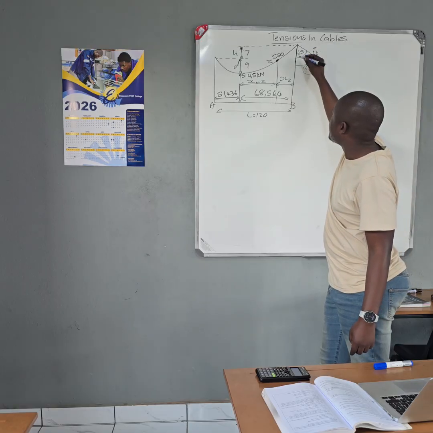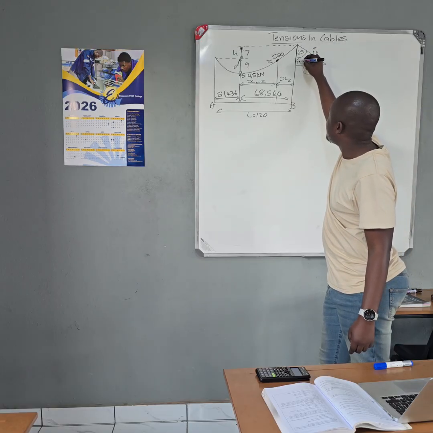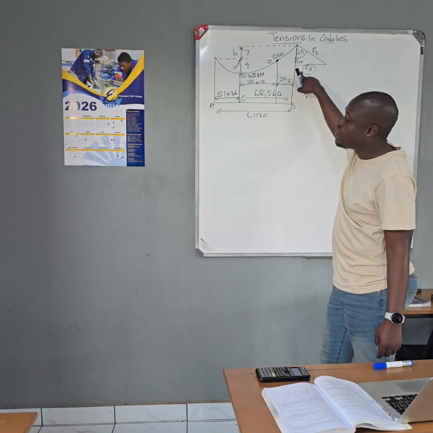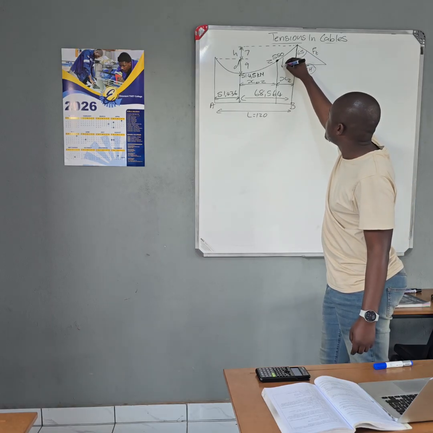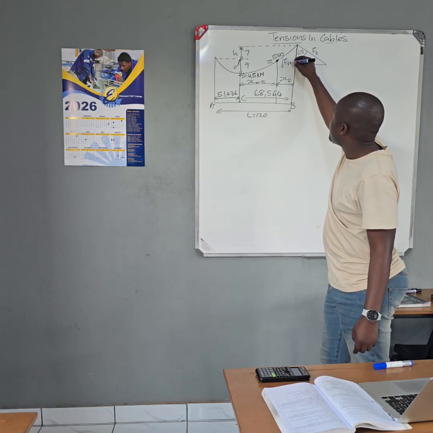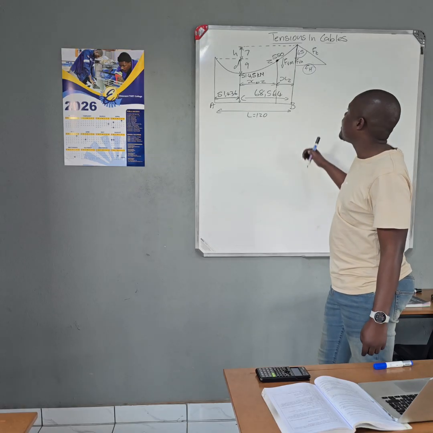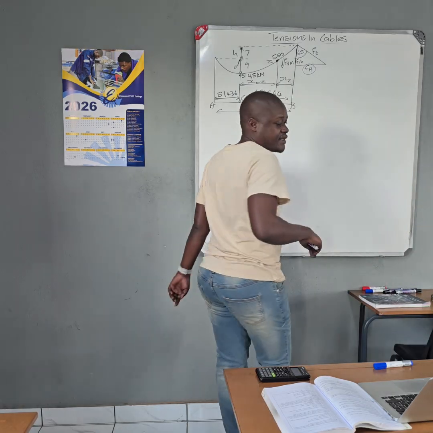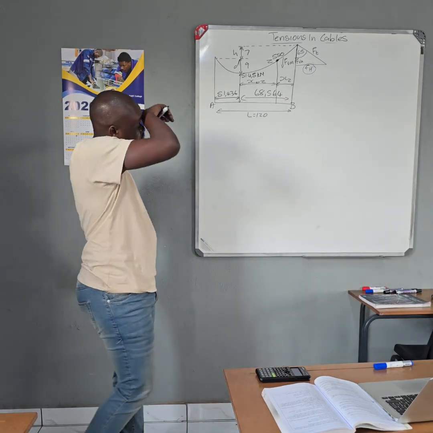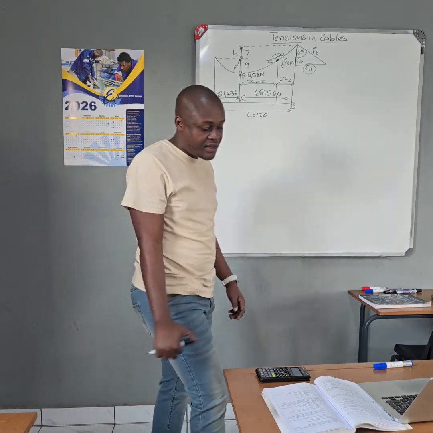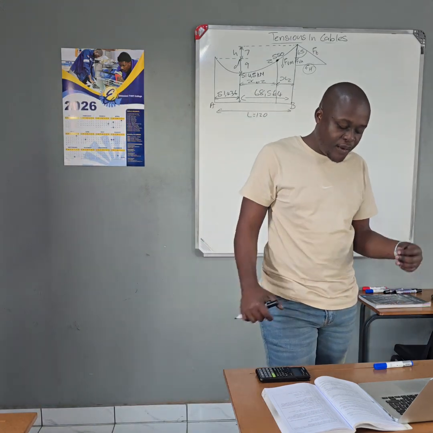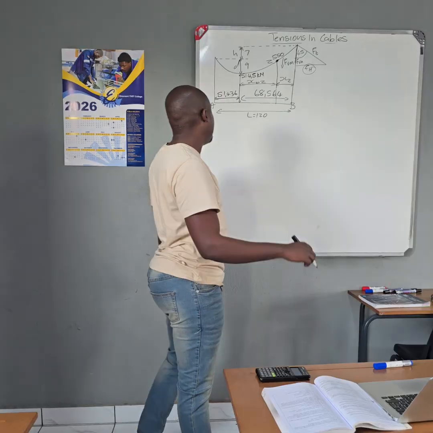You have an angle. What are you looking for? You are looking for FV of your anchor cable, as well as you are also going to solve for FV of your main cable. Then this is what you are going to be adding for 2.3. So we are looking for what? The reaction.